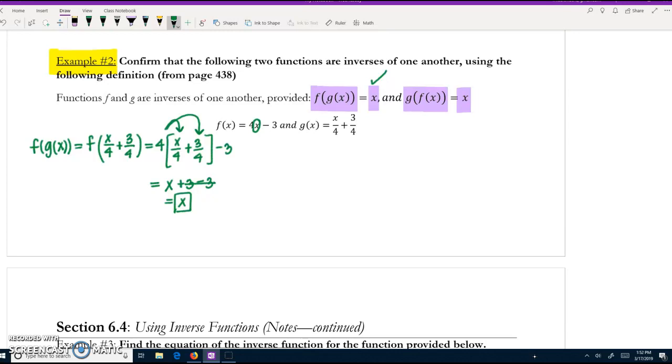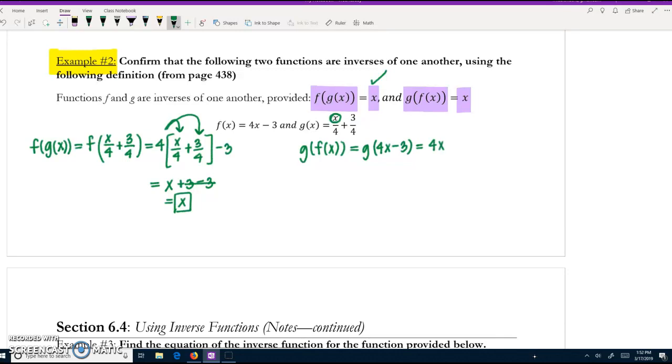So then let's try it in reverse. Let's find g of f of x, which this time means I can replace f of x with its operation, which is 4x minus 3. And then wherever I see that operation in g of x, I'm going to replace the x with the entire 4x minus 3.